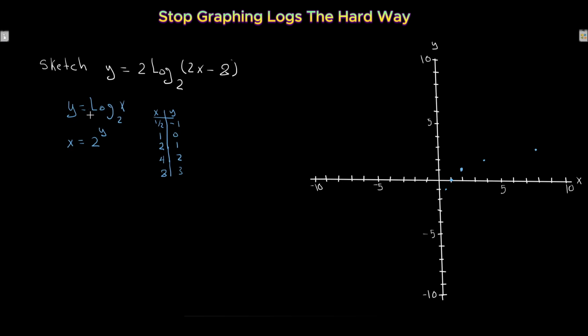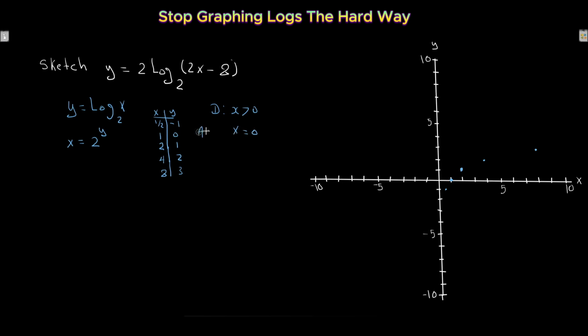Now, the domain for y equals log base 2 of x: x has to be greater than 0 because we cannot take the log of a negative number, which means this log equation will have an asymptote, and the asymptote will be the line x equals 0.